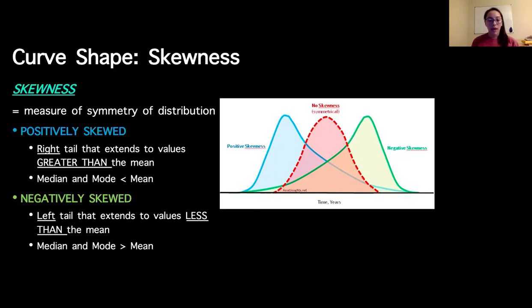In positive skewness, the tail is on the side above the mean, meaning you have some extreme score on the positive end. Negative skewness is the opposite, where you have an extreme score on the negative side, below the mean.